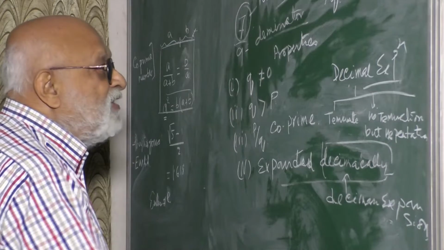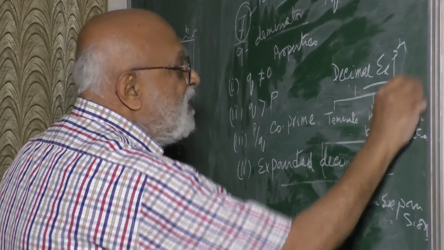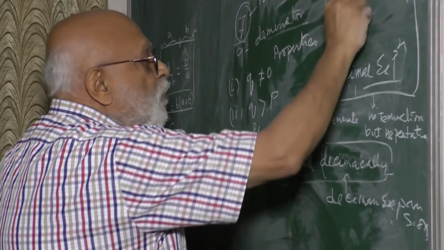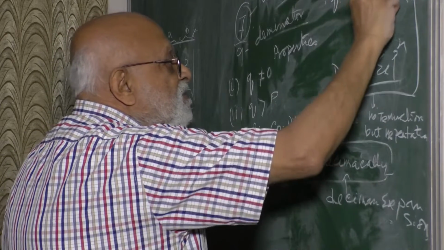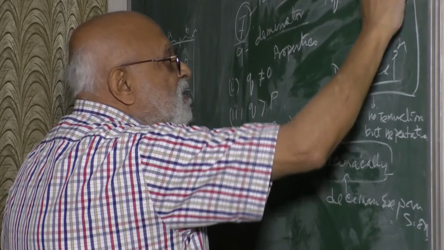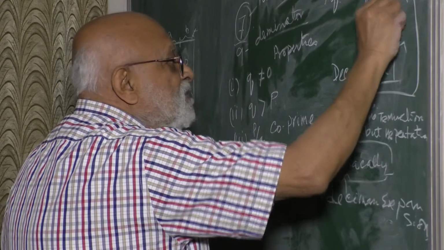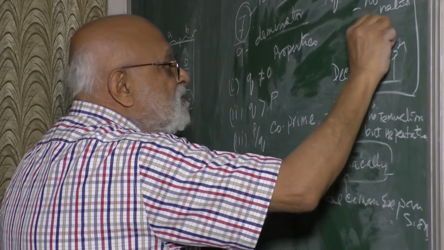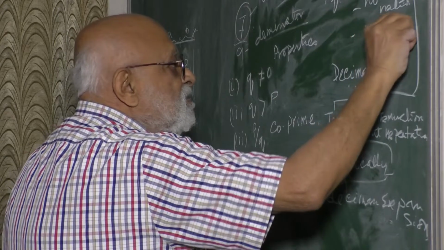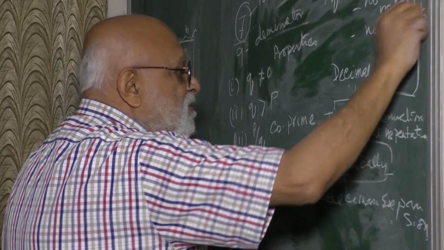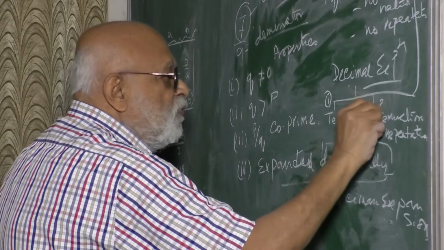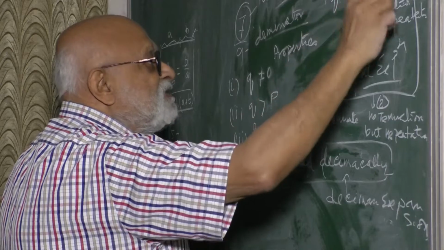And the third one I will write on the top: again no termination and no repetition. Right? So let us number them: 1, 2, and this is 3.